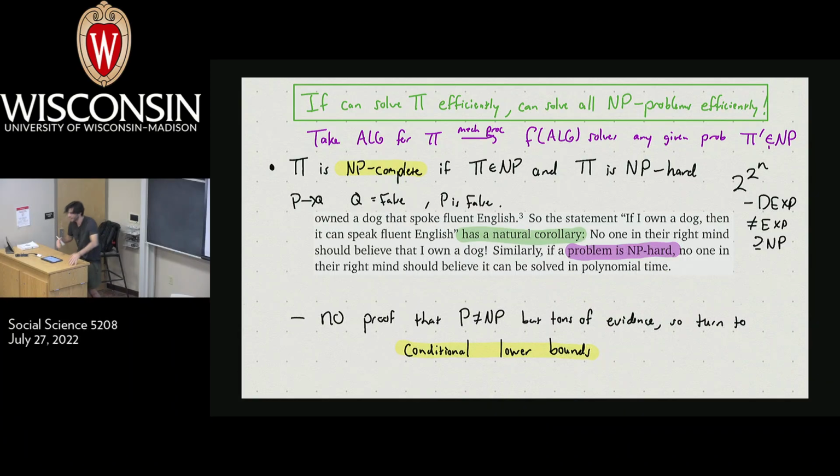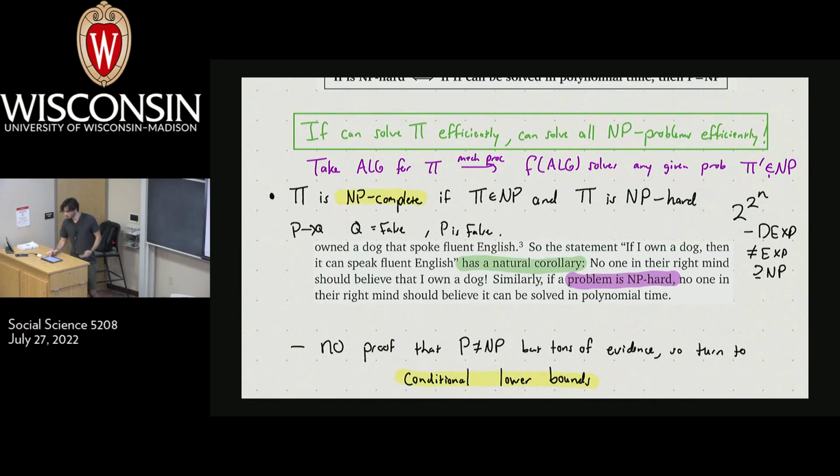So this gives us evidence that we cannot solve a problem. Because if we could solve it, then we could solve all of these problems that people have failed to solve over the last like 100 years. That's pretty good evidence. Just like how, technically we've never seen an anti-gravity unicorn, we have pretty good evidence that it doesn't exist.